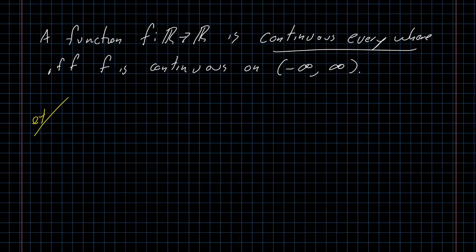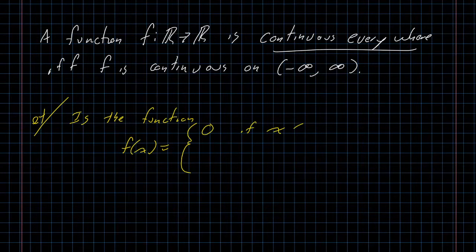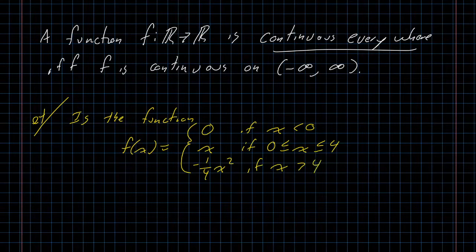All right. So problems on continuity are generally going to ask things like, is the function f of x, and let's define this as a piecewise function, f of x is equal to 0 if x is less than 0, x if 0 is less than or equal to x is less than or equal to 4, and f of x is going to be equal to negative 1/4 x squared if x is greater than 4.